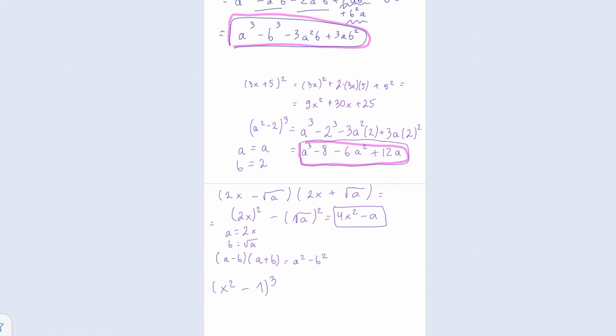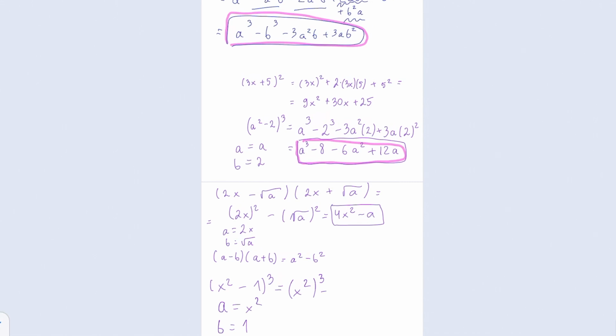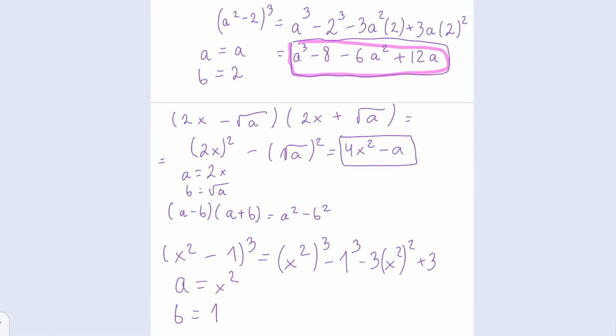So our a is really x squared, and our b is 1. So we're just going to plug in. So a to the power of 3, that's x squared to the power of 3, minus 1 to the power of 3, minus 3 times a squared, that's x squared squared, times b, which is 1, plus 3 times a times b squared, so that'll be just x squared.